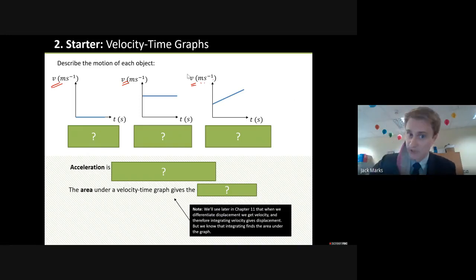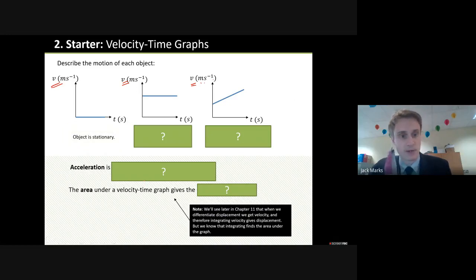The displacement time graph we did before, looking at this line here, told us about velocity. Well, looking at the line on a velocity time graph is going to tell you about something else. As always, we try and follow the journey of what's going on first. Here, the thing has no velocity, and it has no velocity as time goes on. In other words, it's not moving.